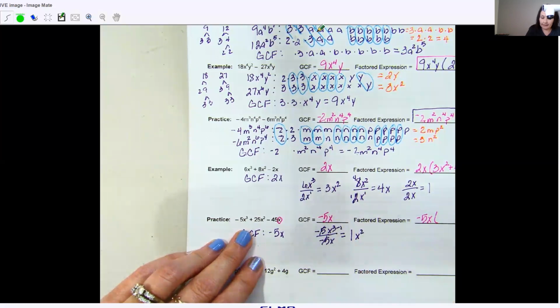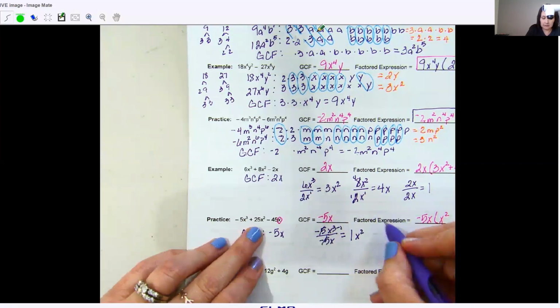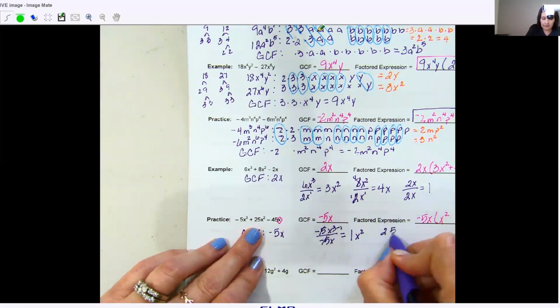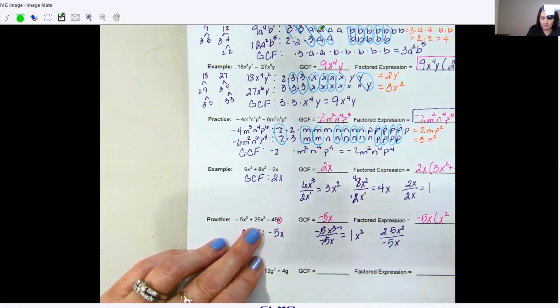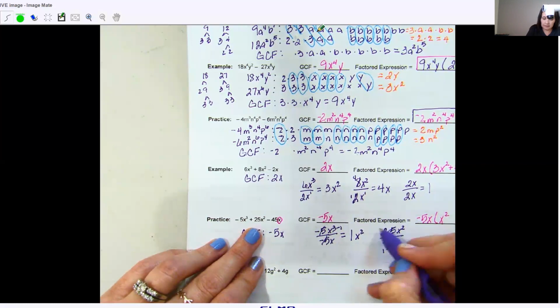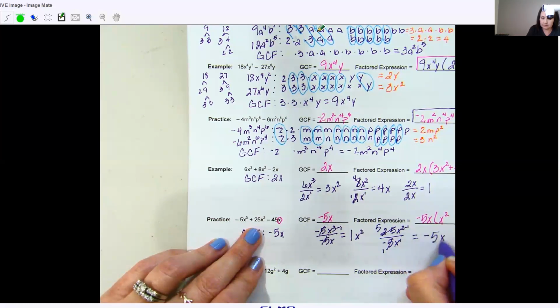So I have an x squared for my first term, and it's positive because negative divided by negative is positive. Then I have 25x squared divided by -5x. Well, this becomes a 1 and this becomes a 5, and then 2 minus 1 is 1. So I have -5x, and that's what will go here.